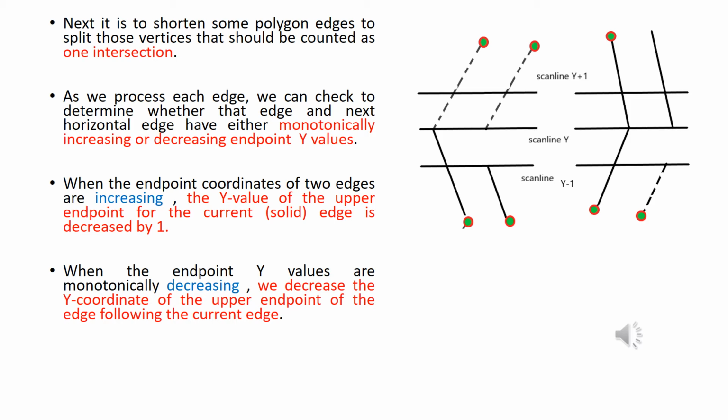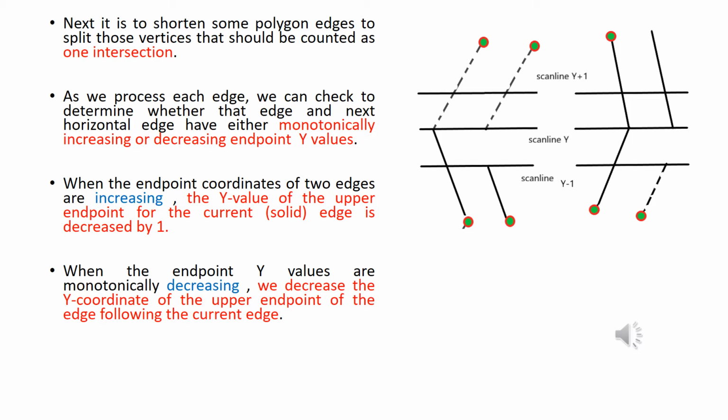As we process each edge, we can check whether that edge and the next edge have either monotonically increasing or decreasing endpoint y values, which ensures that the two edges have come from different sides. When the endpoint y values of the two edges are increasing, then the y value of the upper endpoint of the current edge is decreased by 1.